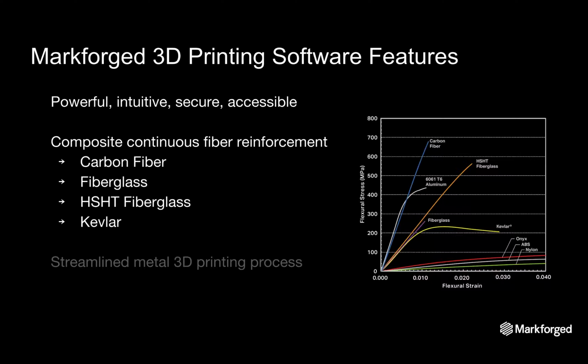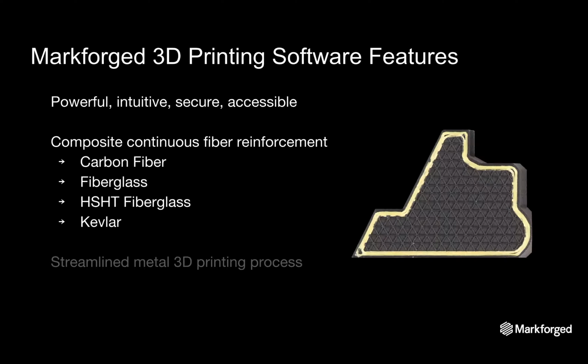In addition, Markforged has the only printers and software capable of continuous filament fabrication, which allows you to add long-strand fibers of carbon fiber, fiberglass, high-strength, high-temperature fiberglass, or Kevlar to the Onyx matrix, based on your specific application. This elevates your parts to a whole new level of optimized strength and stiffness. In this photo, the black matrix is Onyx, and the gold strands are Kevlar fiber. We also, of course, offer printing in metal, including stainless steel for now, with many more exciting materials under development.